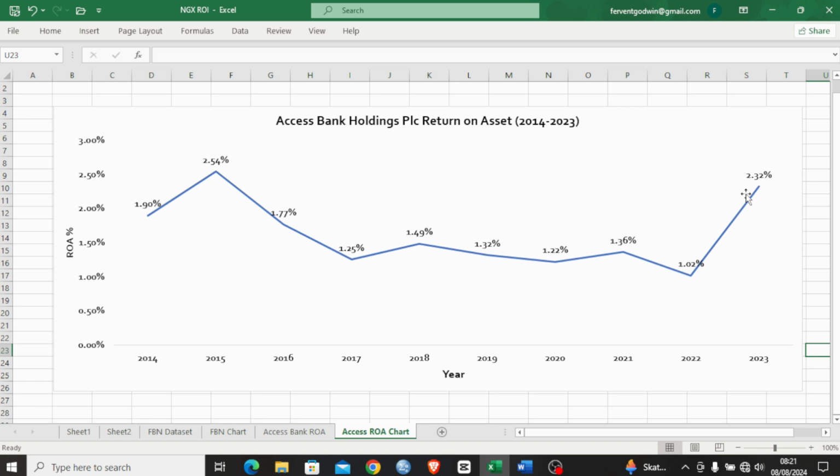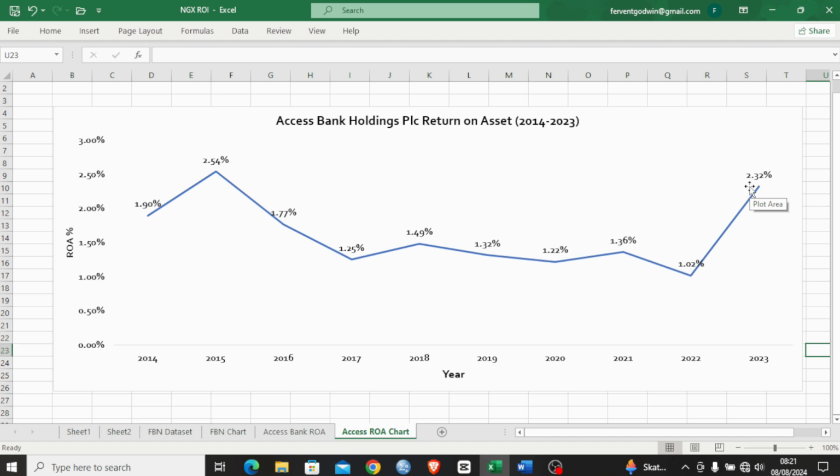The highest they got was in 2015, and the closest to it is 2023, and this is very significant. It even exceeds the benchmark for the tier 1 banks in Nigeria. So from this chart, we can conclude that Access Bank is generating a good profit from their assets.